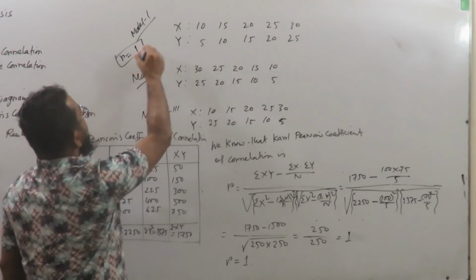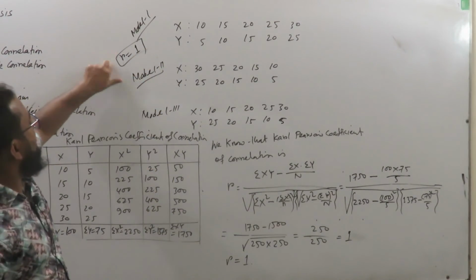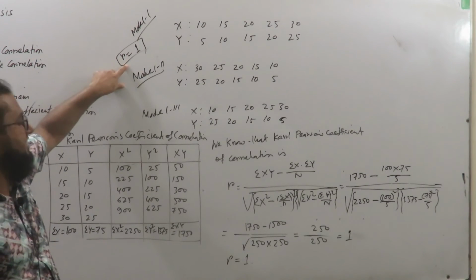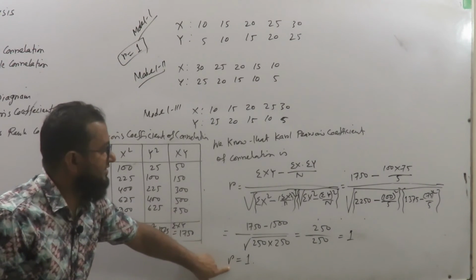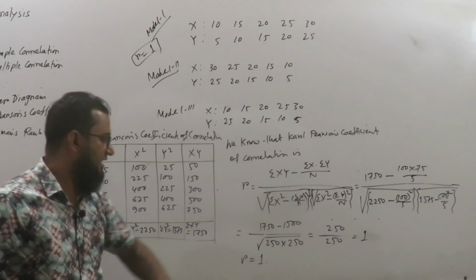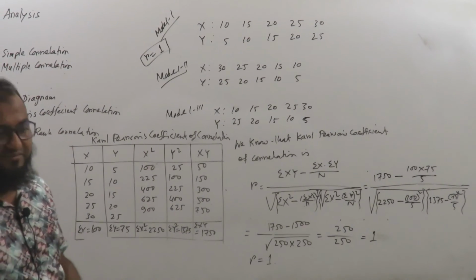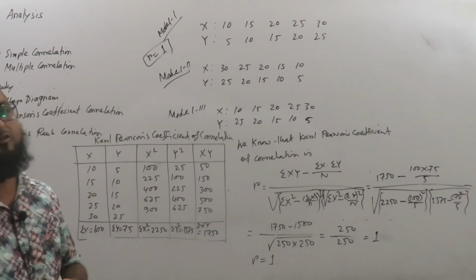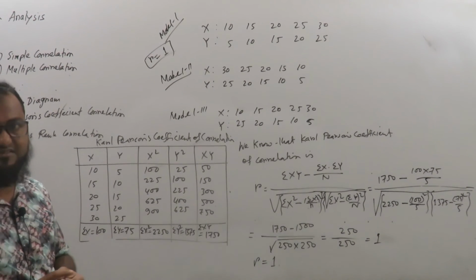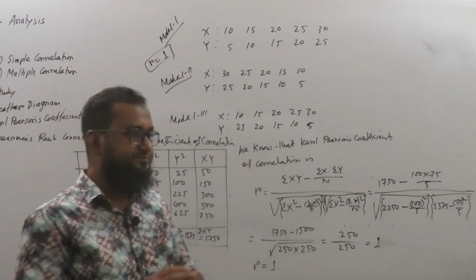Remember, in the scatter diagram we have the same value r equal to 1, and with the mathematical method this is also found that r equal to 1. So whatever the method, the result will be the same. This is the statistical philosophy.